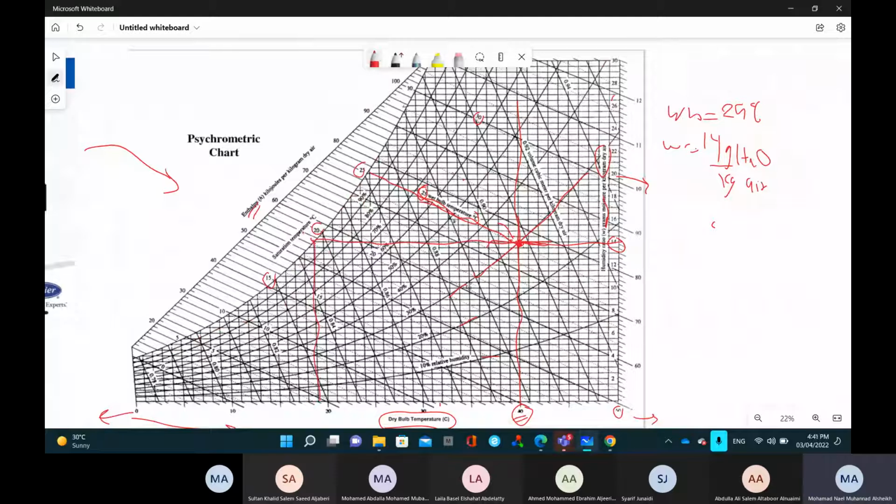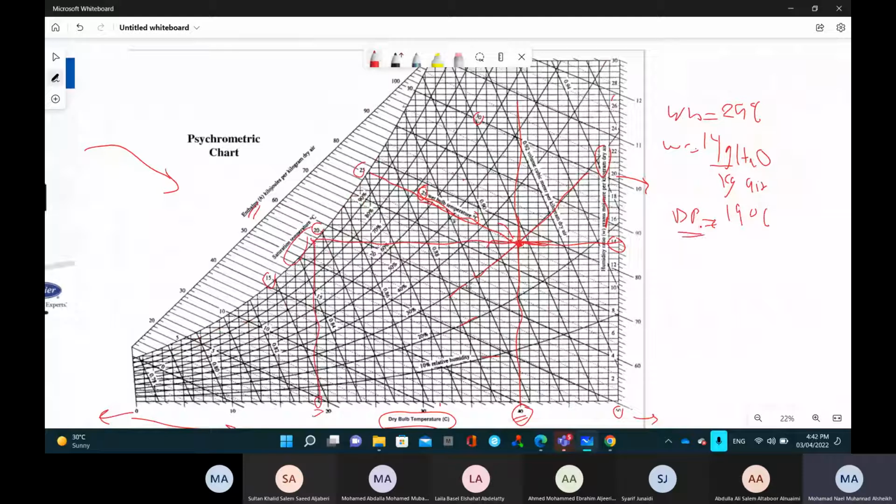So you can either read it directly from here, or you can draw another line down. And here we can see that our dew point is at 19 degrees C.